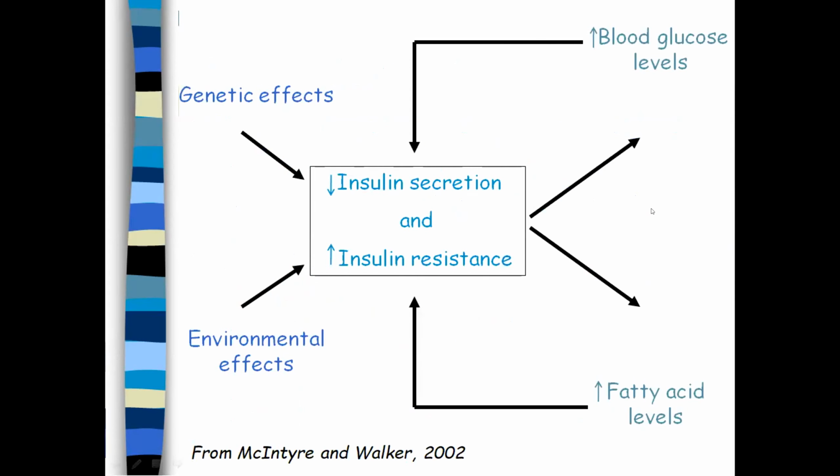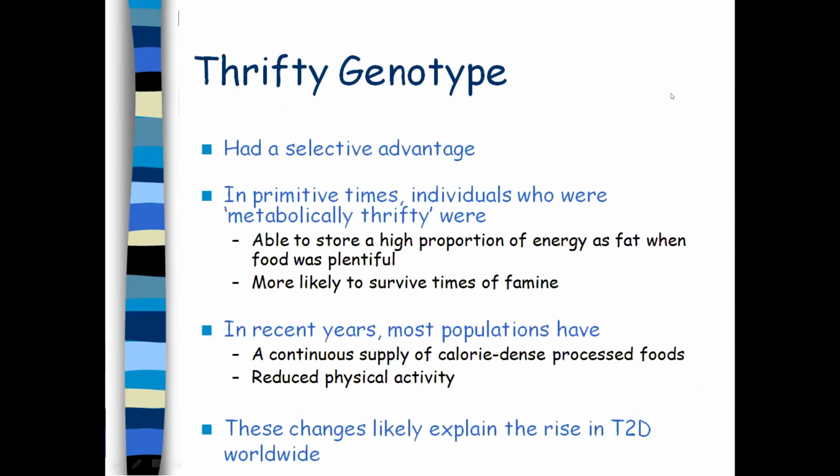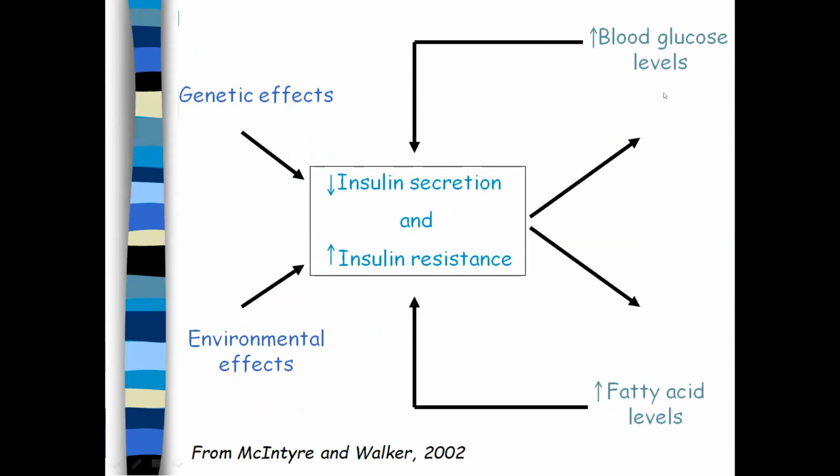So all we know that there are various factors: genetic factors, environmental effects, increase in the fatty acid level, and increased blood glucose level. Most of the time, in a person who is suffering, there will be no glycemic control.